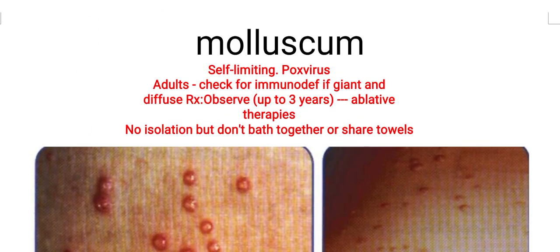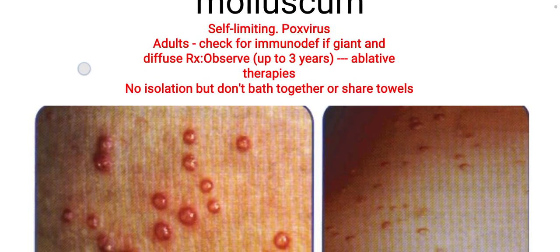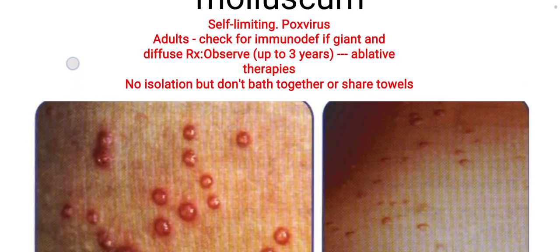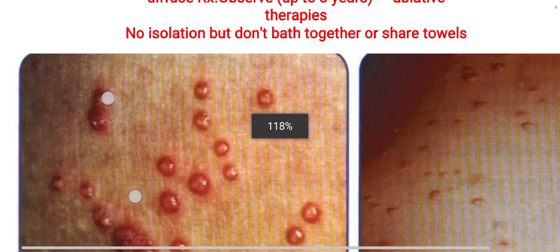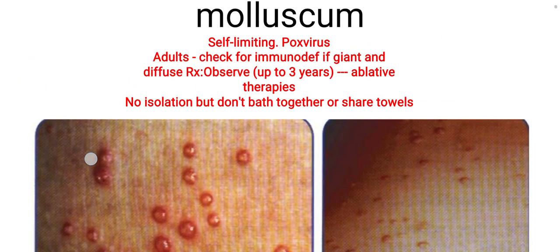This is the first picture, which is molluscum. I'll zoom this picture. This is a self-limiting disease caused by the pox virus, and if these lesions are very giant, we have to check for immunodeficiency.